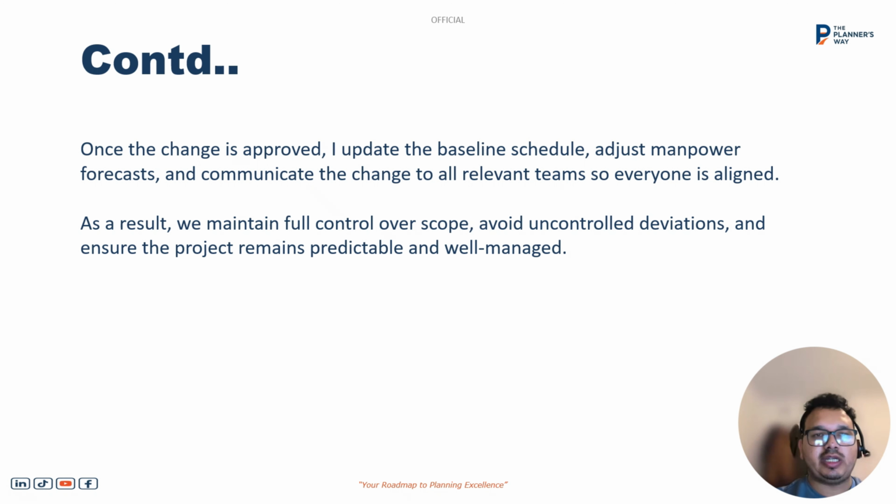Once the board decides that the change is approved, we'll update the baseline schedule, adjust the manpower forecast, and communicate the change to all the relevant teams so everyone is aligned. As a result, we maintain full control over scope, avoid uncontrolled deviation, and ensure that the project remains predictable and well managed. All these 6 points we need to cover in your answer during the change control process.